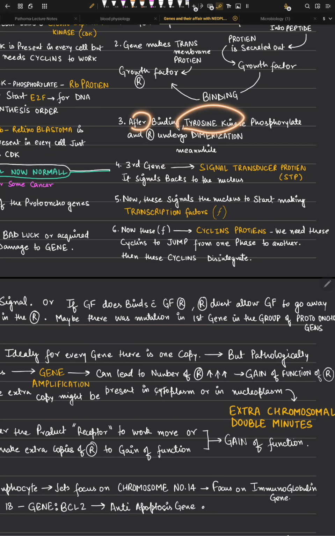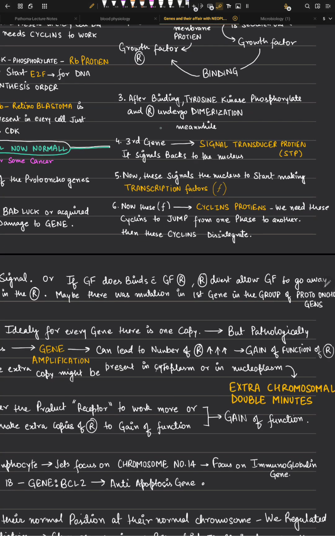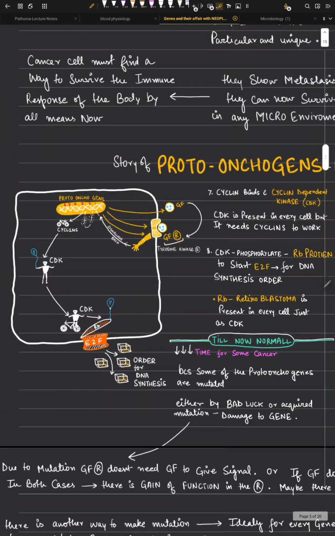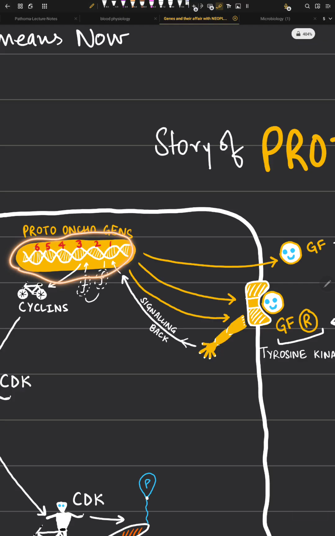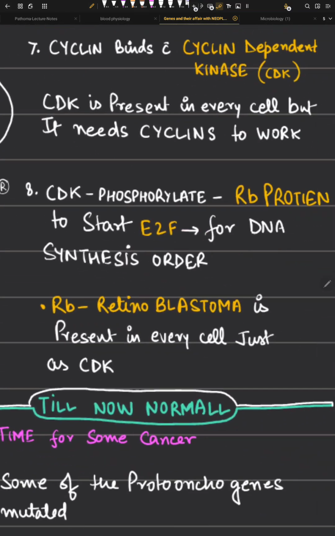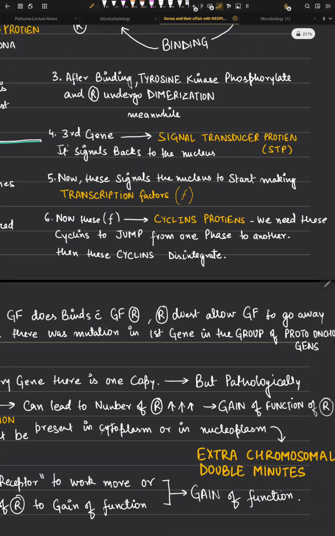This tyrosine kinase phosphorylates the receptor, and once this phosphorylation is done, the receptor undergoes dimerization. Meanwhile, a third gene, a third proto-oncogene, produces a signal transducer protein. It's a signaling protein.